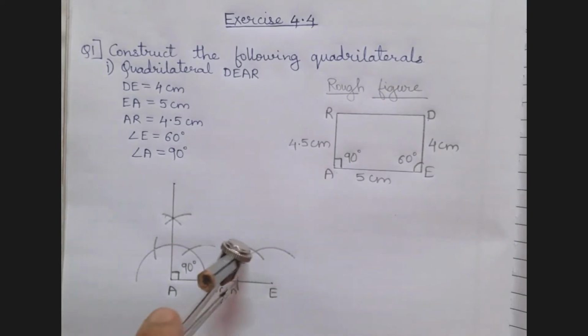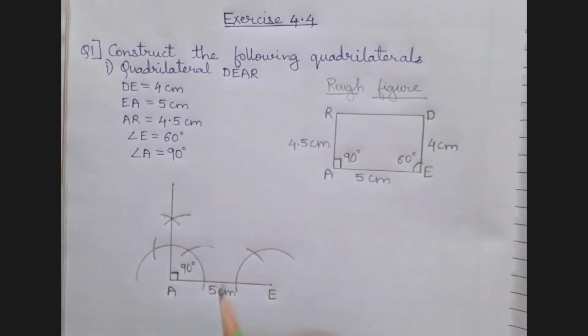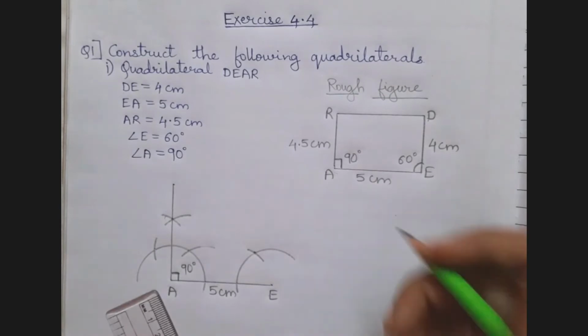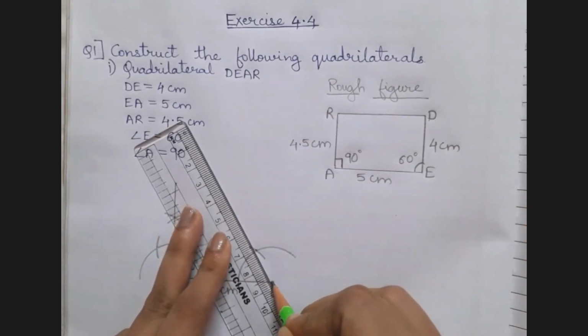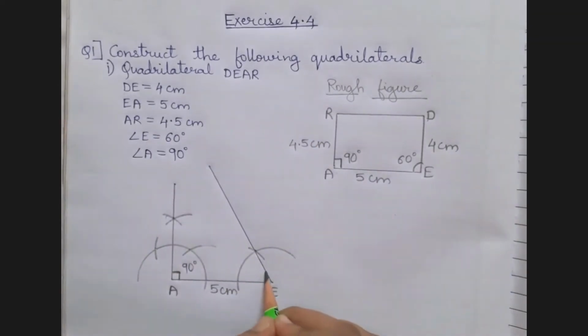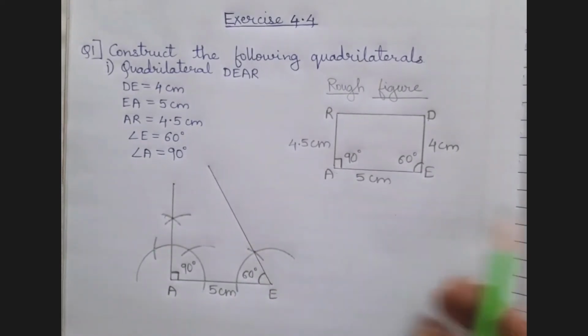So this arc makes 60 degree and here we just want 60 degree. So we will draw only one arc and this makes 60 degree. So draw a line joining both these points. Okay. So this is our angle E which is 60 degree. Now we have constructed angle A and E.